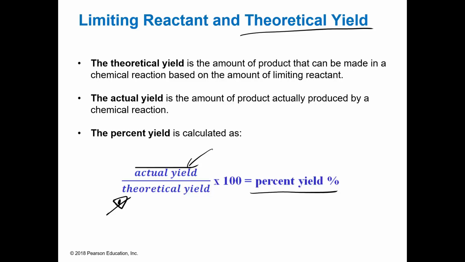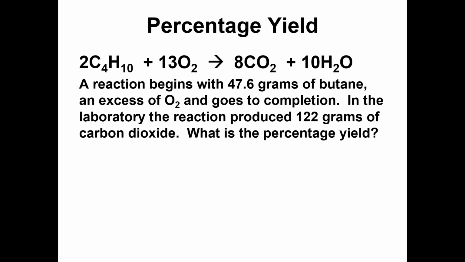It's no different than any kind of percent. And so again, I'm not going to write, I'm just going to bring it up and explain. The reaction begins with 47 grams of butane and an excess of oxygen, so we don't have to worry about the limiting reagent.